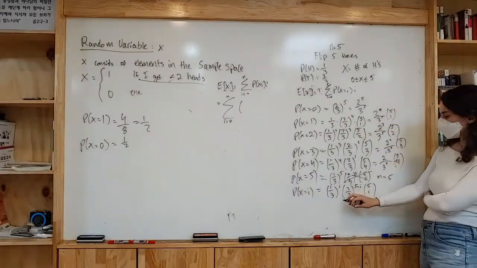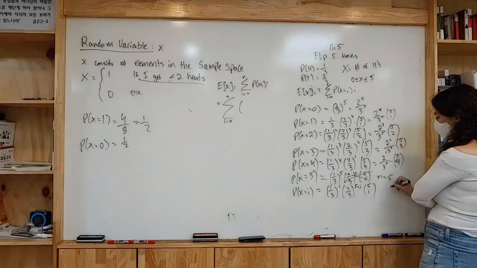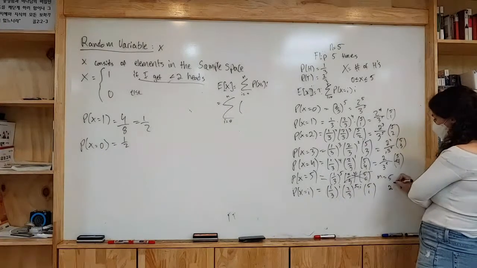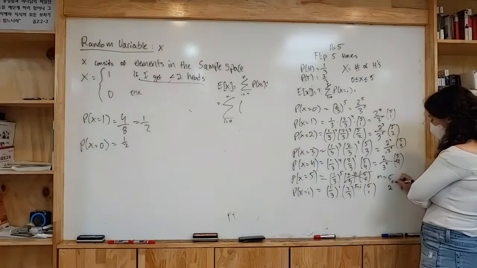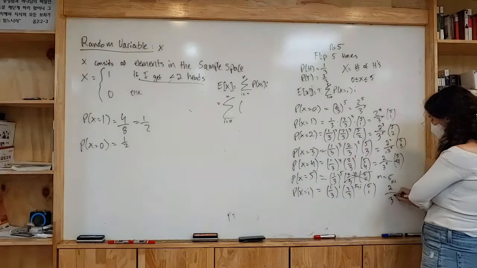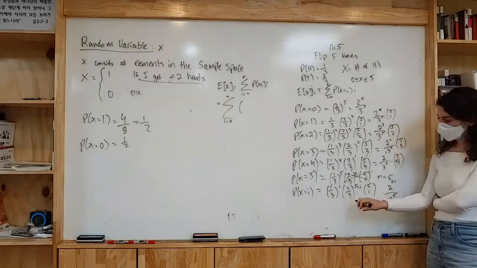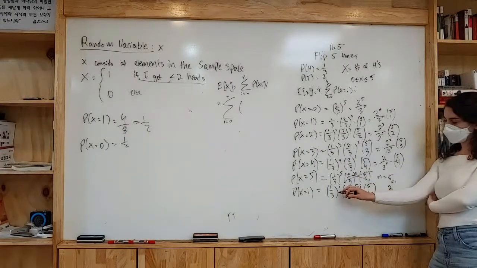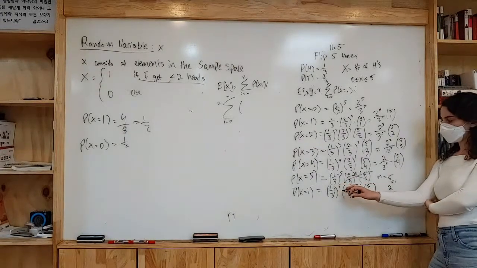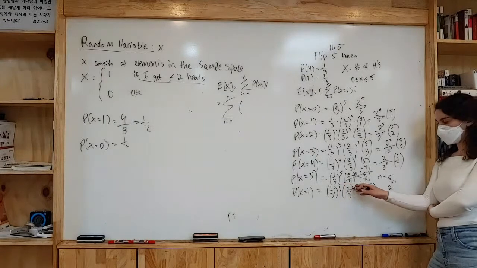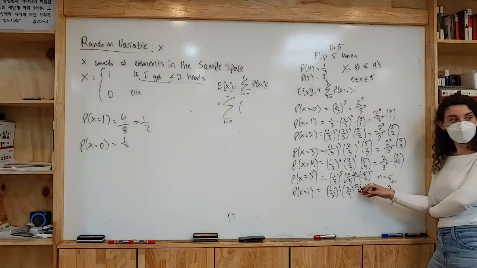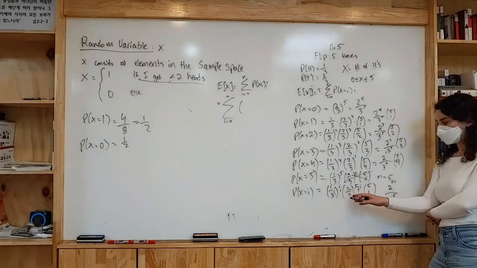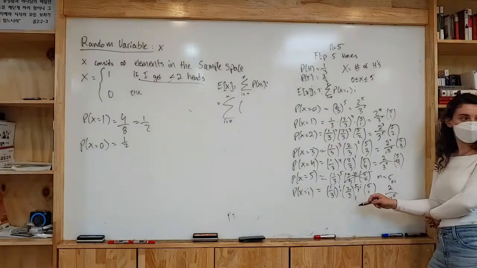To simplify, by the way, this is going to be 2 to the 5 minus i divided by 3 to the 5th. Everyone see that? Because this is 1 over 3 to the i, and then when you multiply, you get 1 times 2 to the 5 minus i, and then 3 to the i times 3 to the 5 minus i is 3 to the 5.